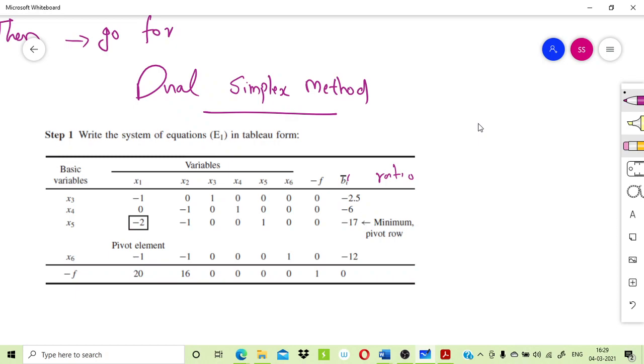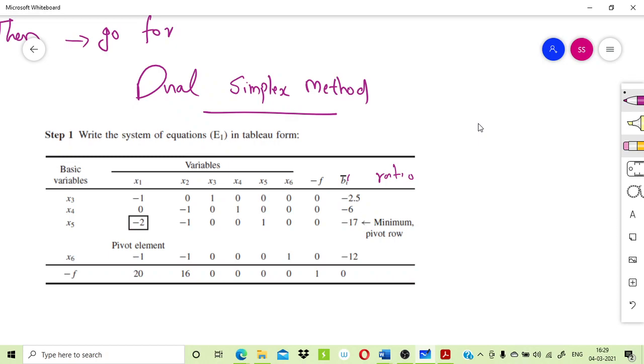In that way we have continued filling our tabular column in our iterations. But in this case, in the dual simplex method, the procedure is exactly opposite.